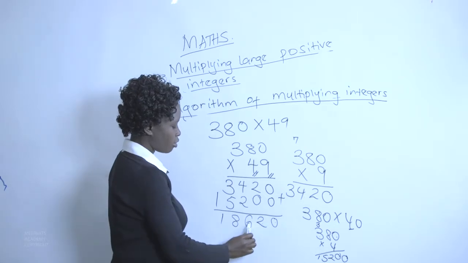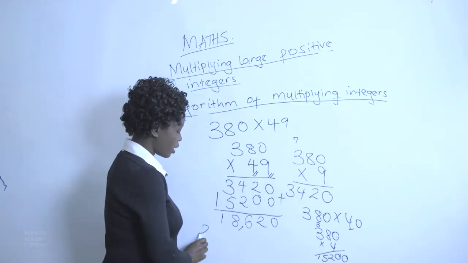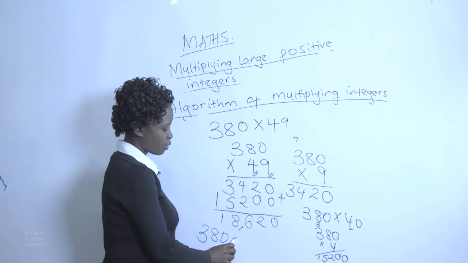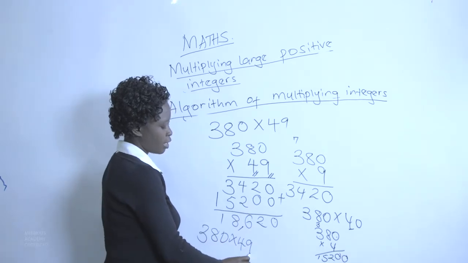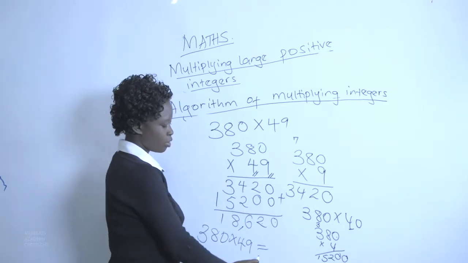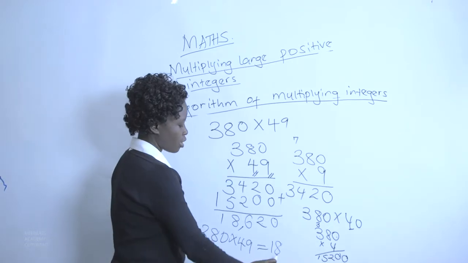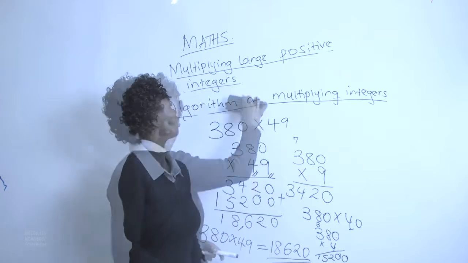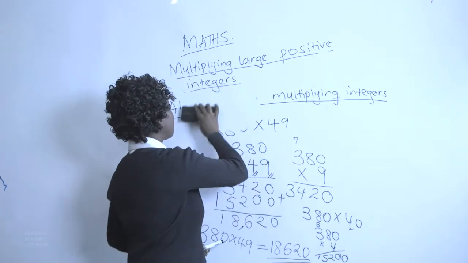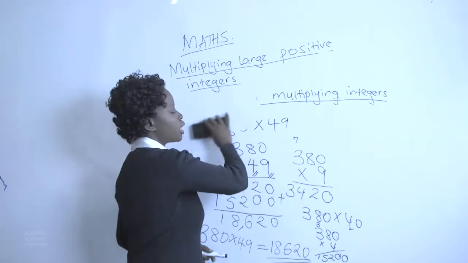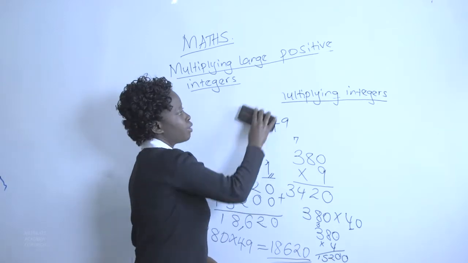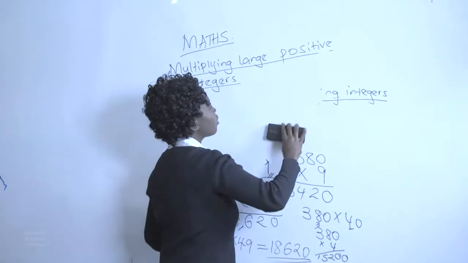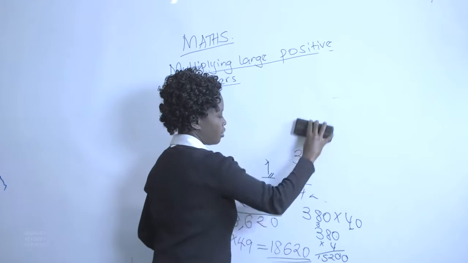So this means that when we multiply 380 times 49, the answer that is obtained is 18,620. So those are the methods that are used when we are multiplying large positive integers.